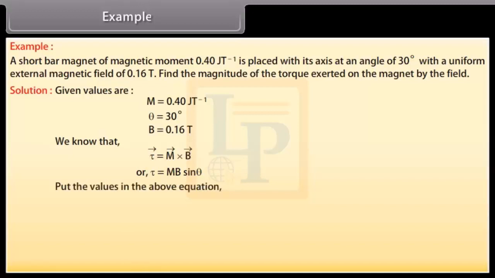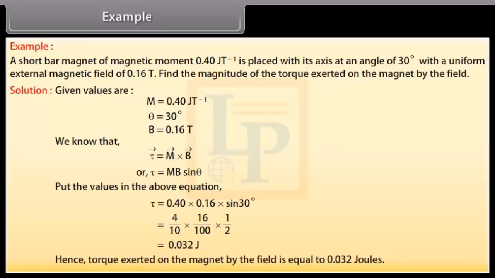Put the values in the above equation. τ = 0.40 × 0.16 × sin 30°. On calculating, we get the value of τ equal to 0.032 joules. Hence, the torque exerted on the magnet by the field is equal to 0.032 joules.